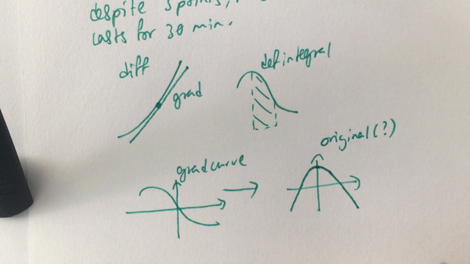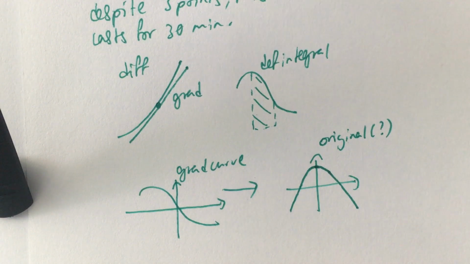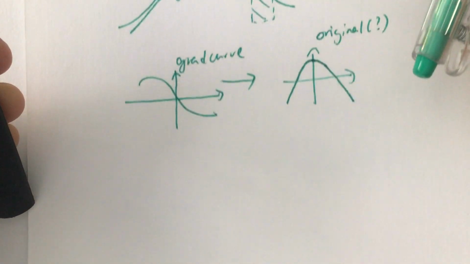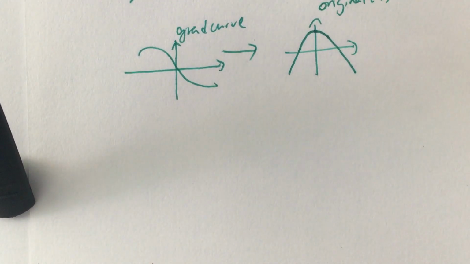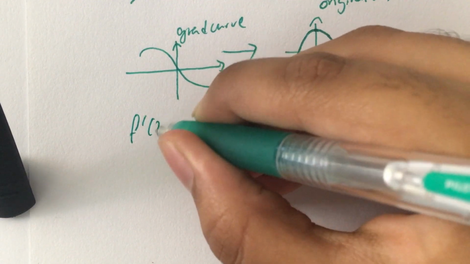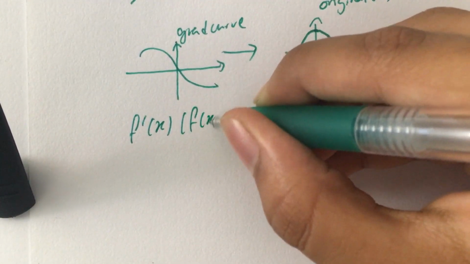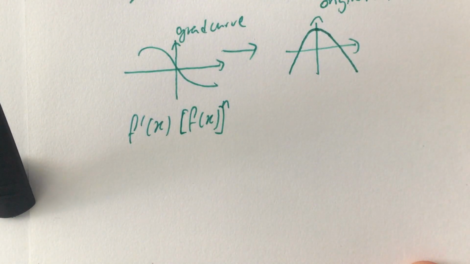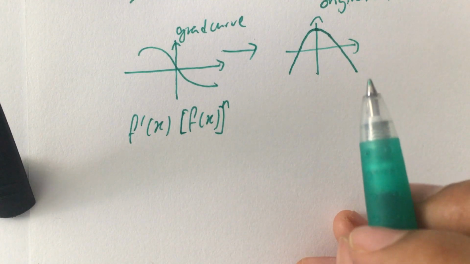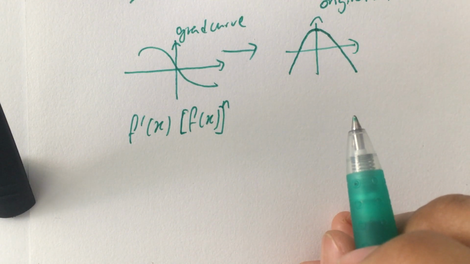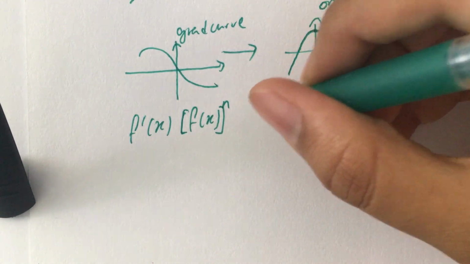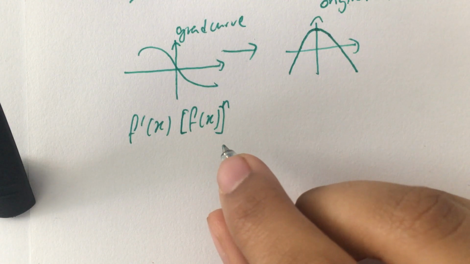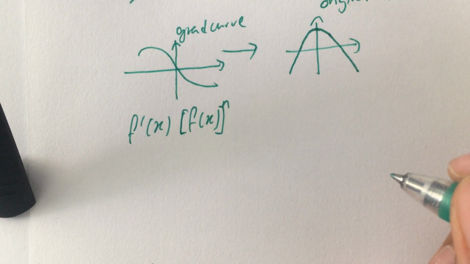With that in mind, we will look at how to integrate certain terms. This is how they're starting it: the integration of f prime x times fx to the power of n, for example. They start with the concept that you have the differentiation along with whatever term that you need to integrate back.